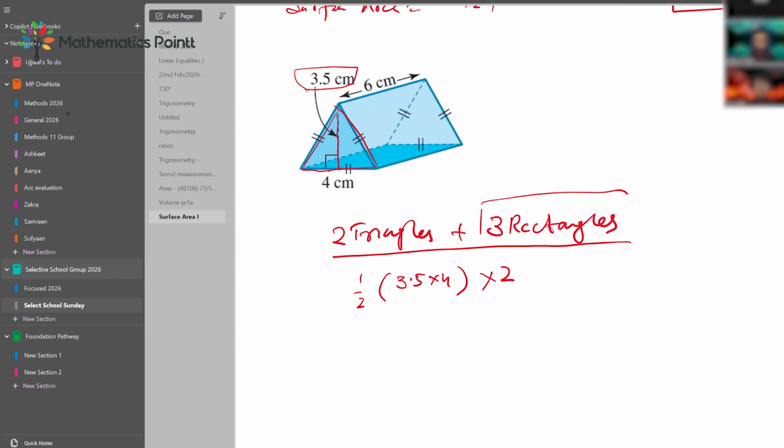Then the three rectangles. So we've got rectangles as everything is 6. You see here, everything is 6 and 4. My bad. Yep.